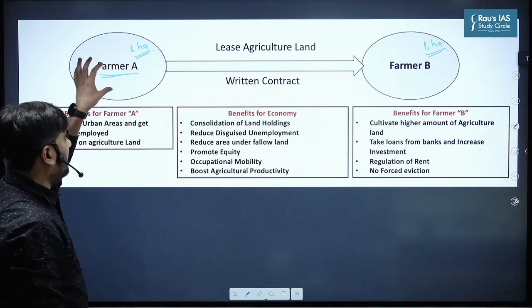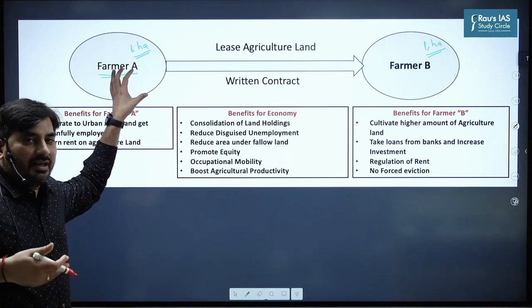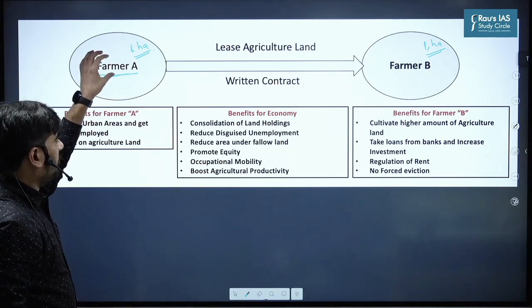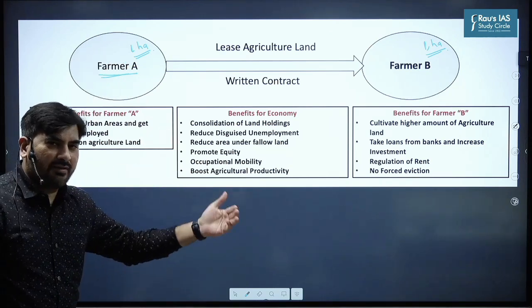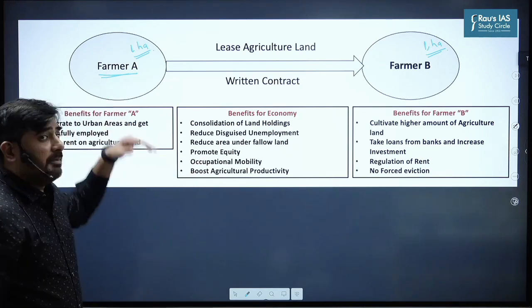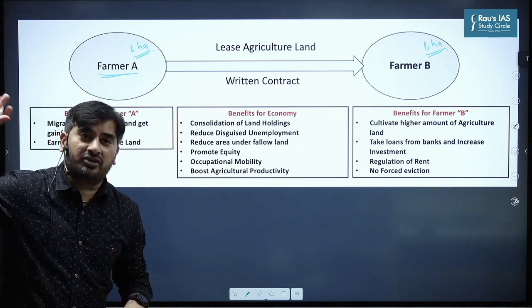Let's say this farmer A is not interested in continuing with the agriculture sector because he believes that because he is owning less agriculture land, the productivity is lower, he is facing losses. So this farmer A may want to migrate to urban areas in search of better employment opportunities.